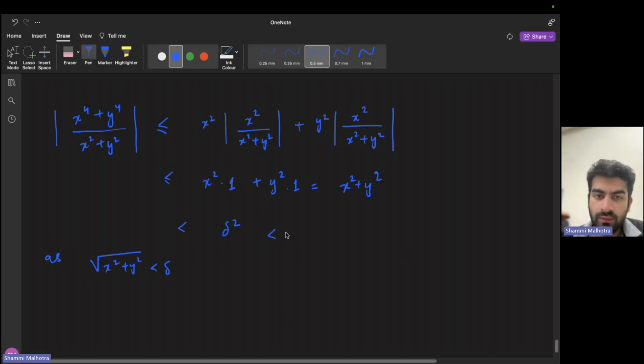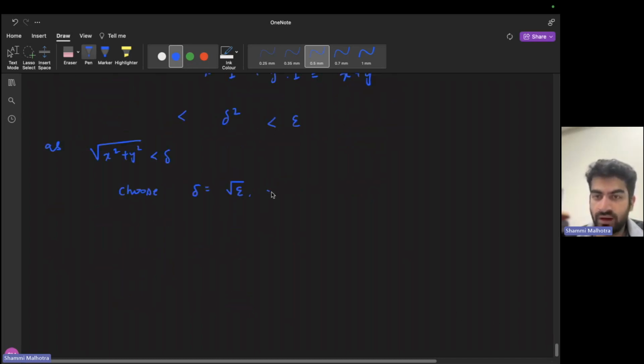And I want this thing to be less than epsilon. To have this, we can choose delta to be the square root of epsilon. And again, this is a positive quantity because epsilon is positive, so I can take the positive square root.